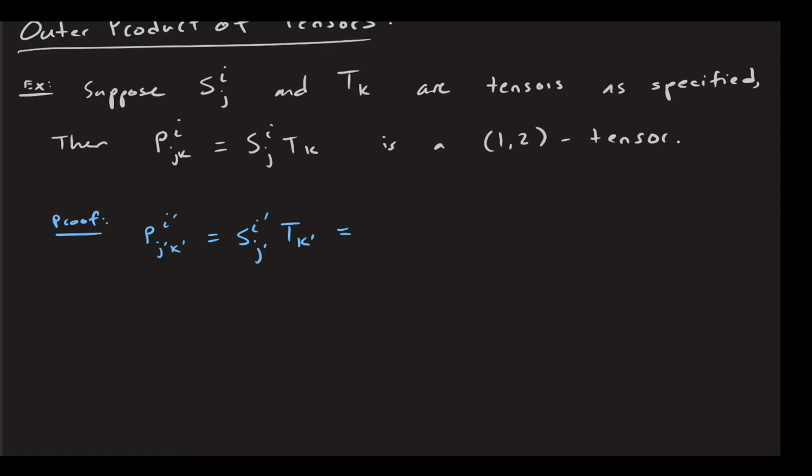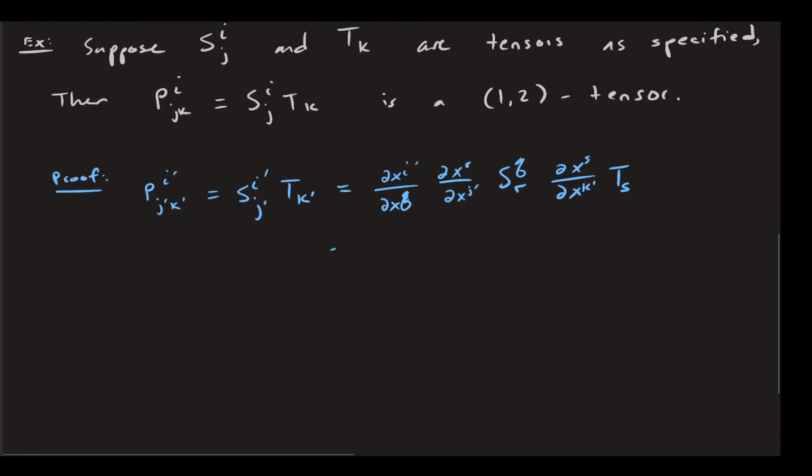And since those are tensors, we know that I can write that as ∂x^{i'}/∂x^q, not to be confused with the capital P, I'll change it to q, times ∂x^r/∂x^{j'} S^q_r, times ∂x^s/∂x^{k'} T_s.